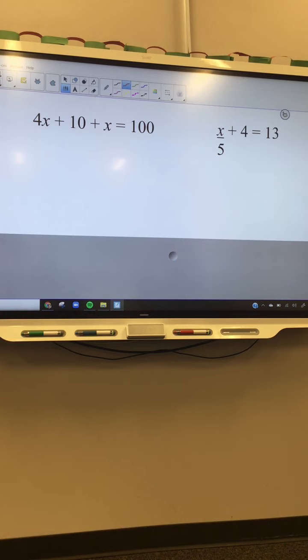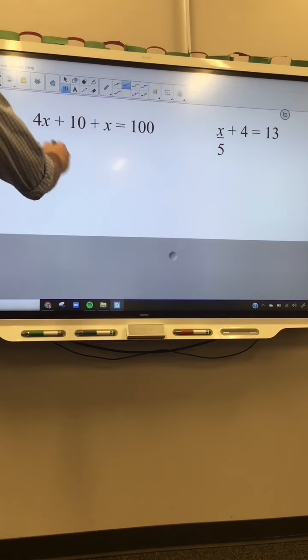What are you going to do on that first one? Start with adding and subtracting, right? Subtract 10 from both sides, and again, if you can do that first.